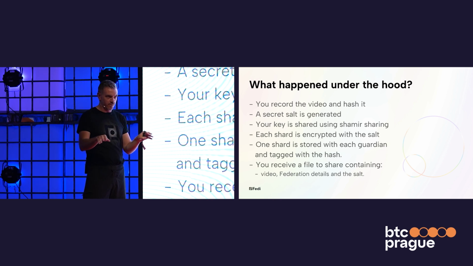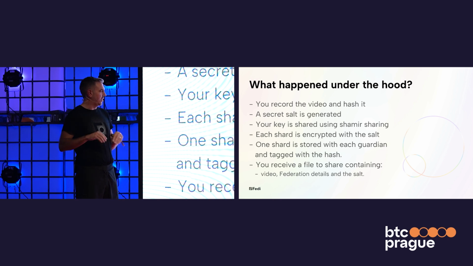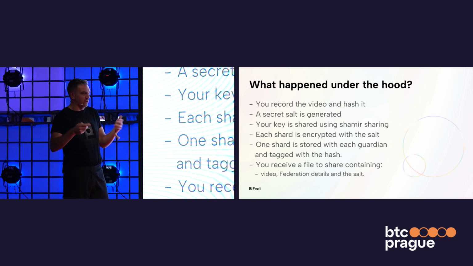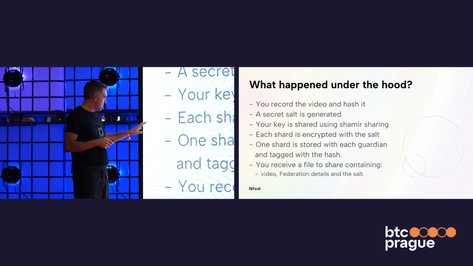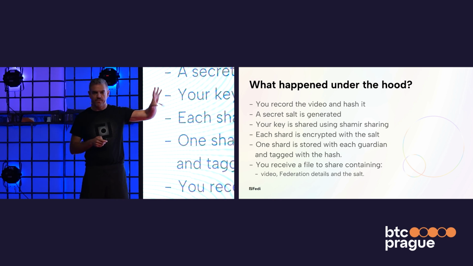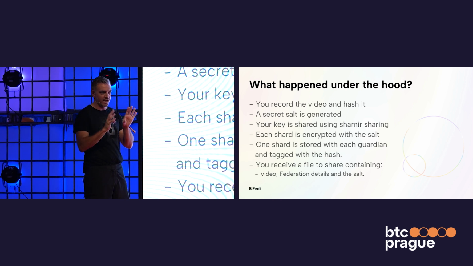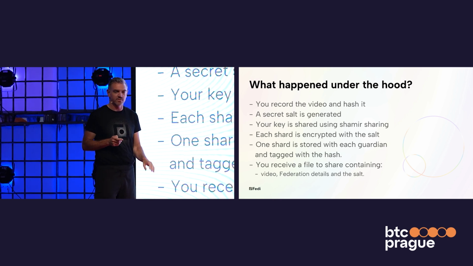So we split the password up into 4 bits and we encrypt them all, and then we send each one of those off to the guardians of the Federation. Now, the Federation guardians can't do anything with that. They don't know who sent it to them, and they can't collude to look at the key because it's all encrypted. And so you take your video, you share that with some friends, not with the guardians, because that could de-anonymize us, but any of the other 8 billion people in the world, fair game.